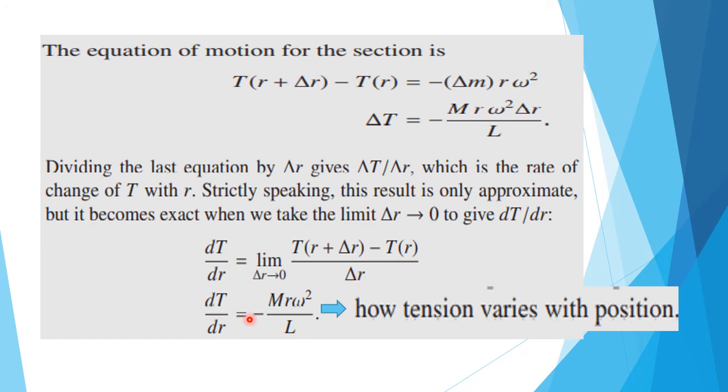That is equal to minus M r omega square by L. This is how tension varies with position. So tension is varying along the radius. By this relation, it is decreasing because there is a negative sign.